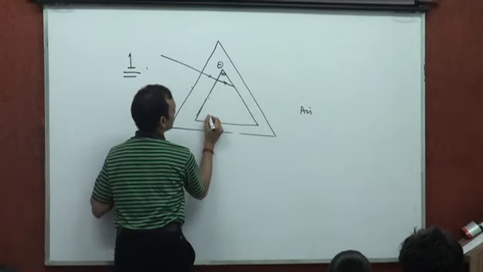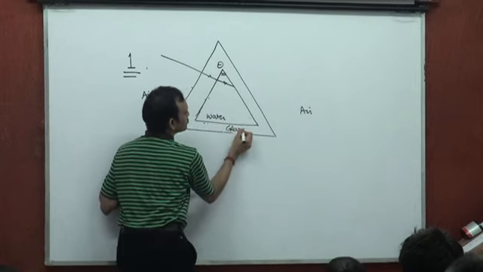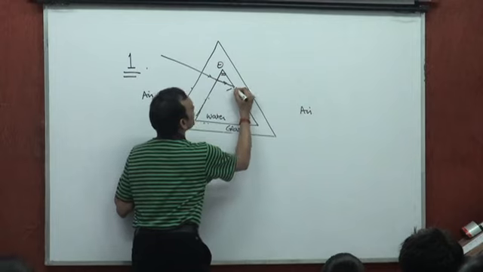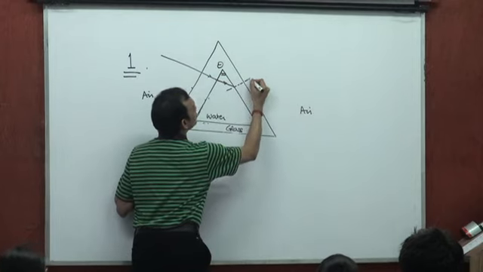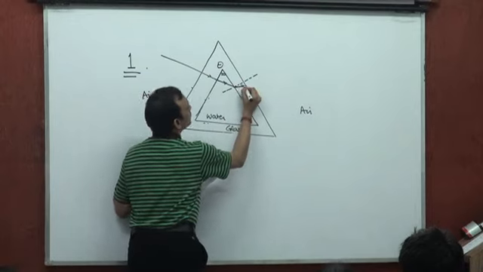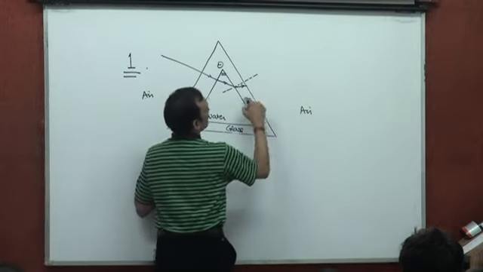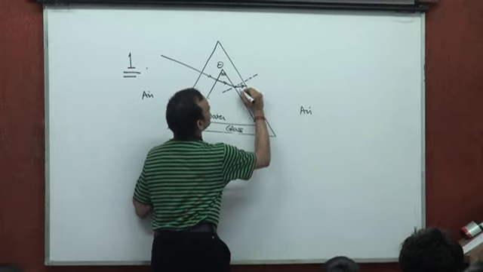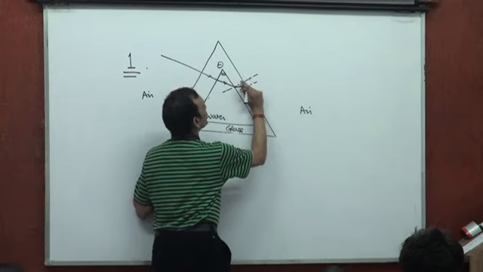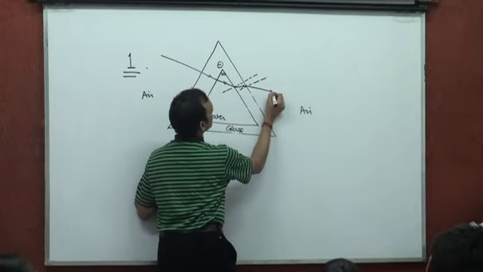And then, at the water-glass interface, that means rarer to denser medium, it is going to bend towards the normal. This is the normal at the point of incidence, it will bend towards the normal. Right? And then, at the glass-air interface, it's again going to bend away from the normal. This is what happens, right?